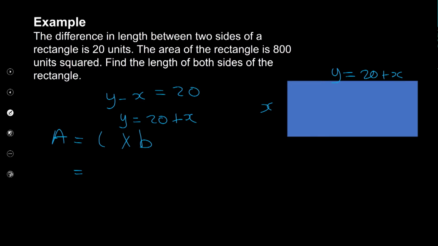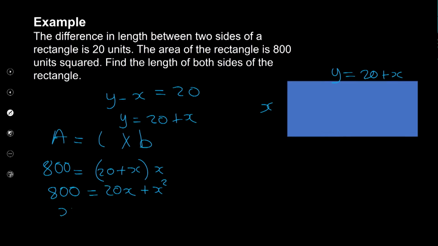So my length will actually be 20 plus x, and my breadth will then be x. And they told me that this is equal to 800. I must solve for x. To do that, I must multiply by distributing. So this becomes 800 is equal to 20x plus x squared.